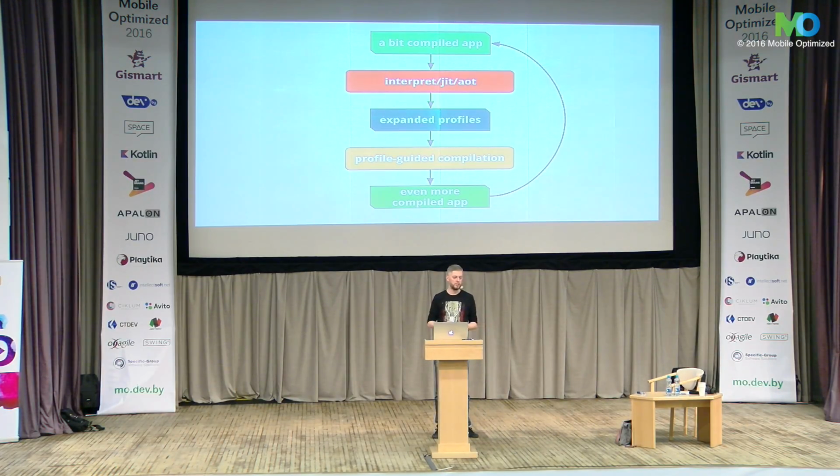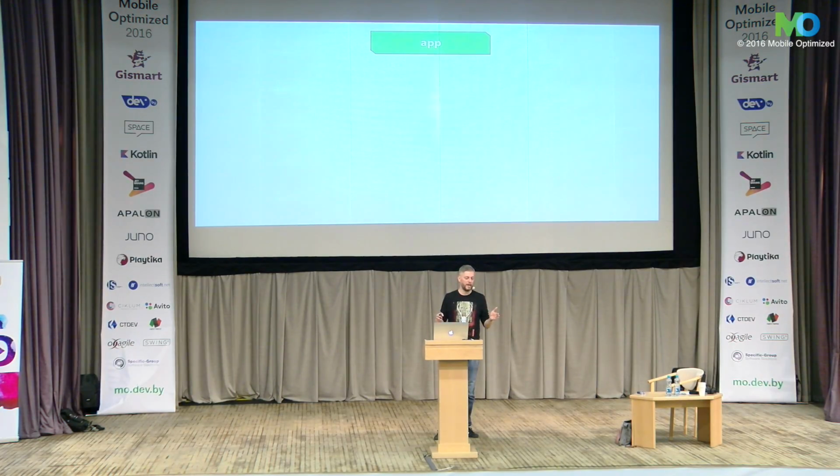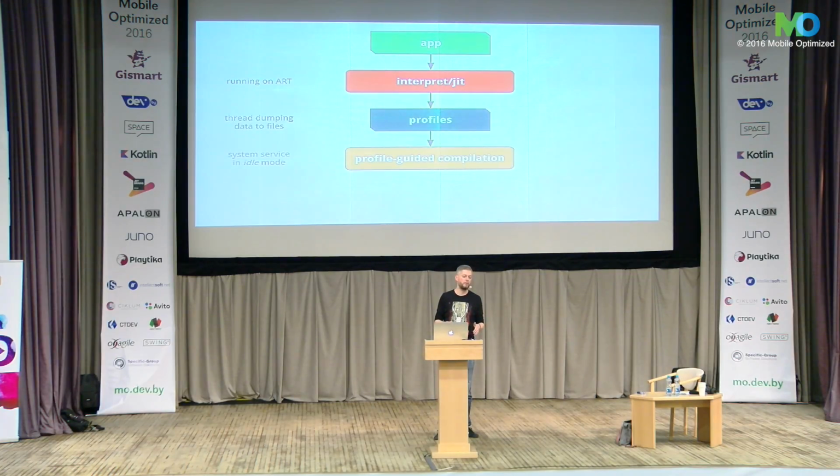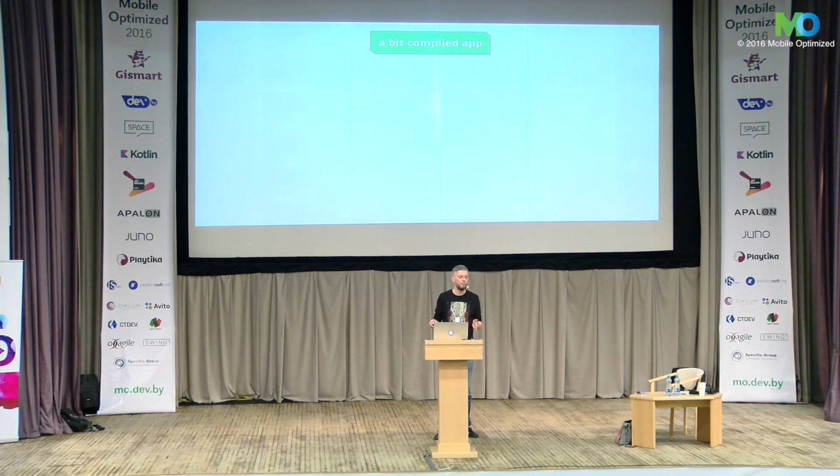Of course, let's imagine that someone is updating his phone, so those compiled parts are not okay anymore because some parts of the Android system have changed, like libraries and whatnot. What happens there? Just those compiled parts are being removed. And I go back to the first step, so my app is pure DEX bytecode, and I have to start it again and kick in the profiler and the process to compile that and get a more compiled application.